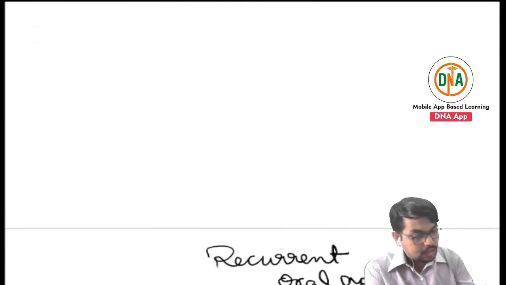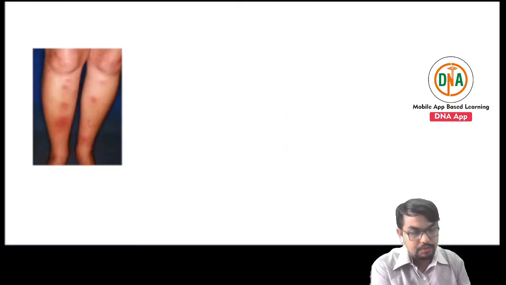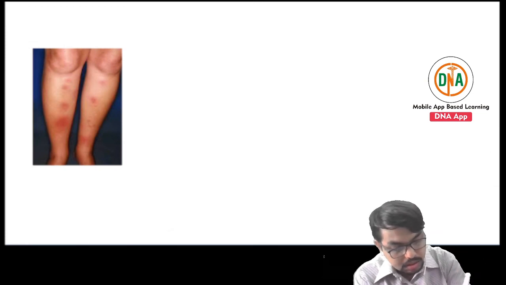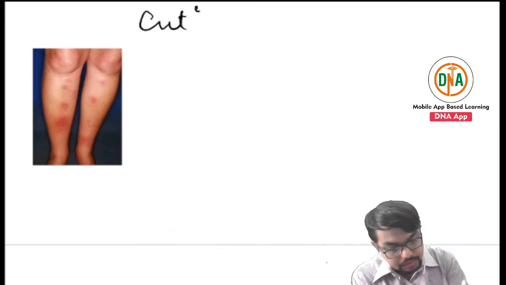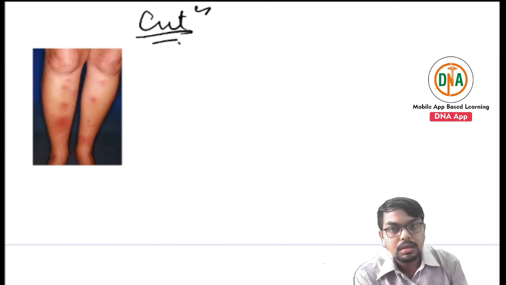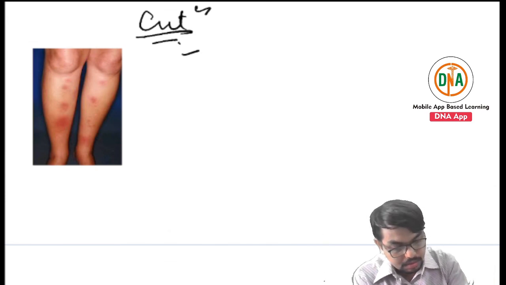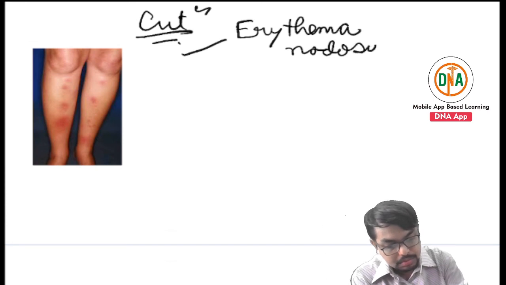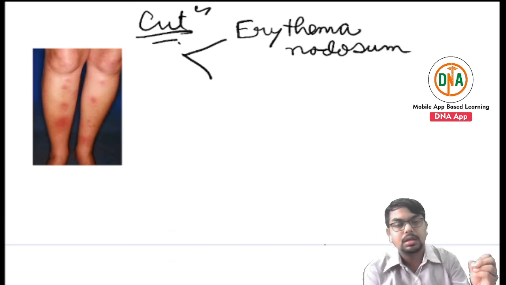What are the cutaneous features of Behçet? You get 3 characteristic cutaneous manifestations. One is erythema nodosum. A common cause of erythema nodosum is Behçet disease.